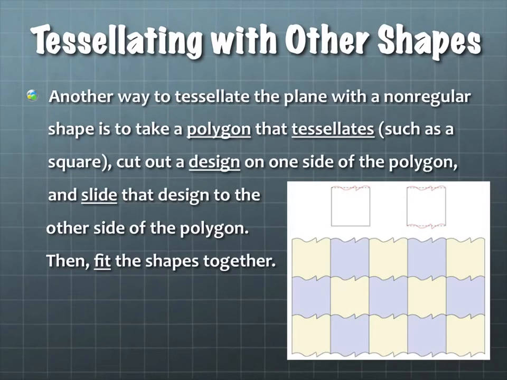Let's look at another one. Another way to tessellate a plane with a non-regular shape is to take a polygon that tessellates, like a square or a triangle, and then cut a design out of one side. So what you see is this image here at the top. This was a square, and you see that they've cut a design, dotted out the side, right?